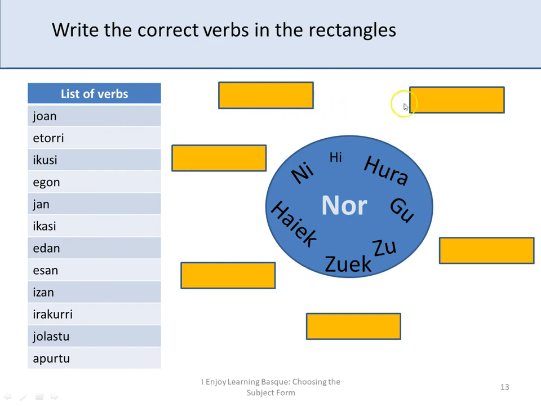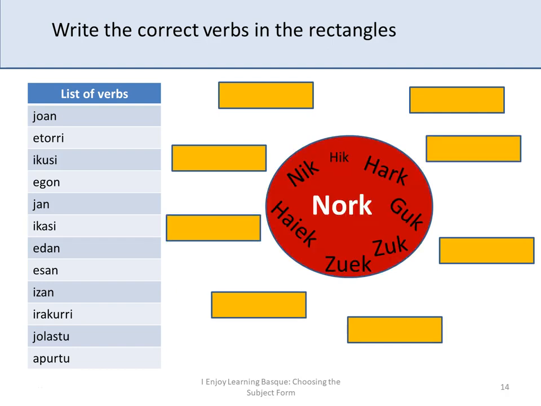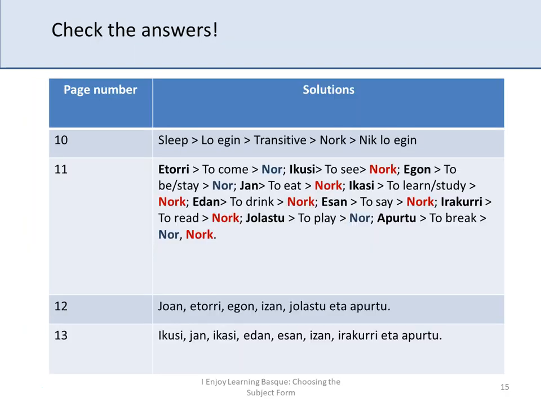So you can write over the rectangles, and to do that you have to use the PDF. And here is the same for the verbs that use the subject NORK, and here there are the solutions. So you can do that using the PDF.